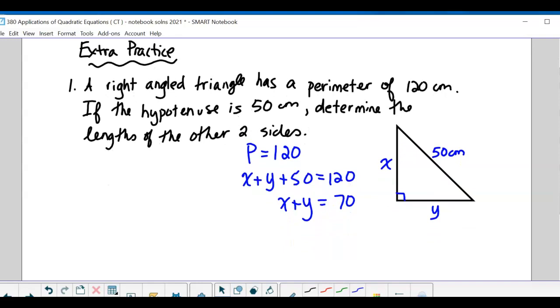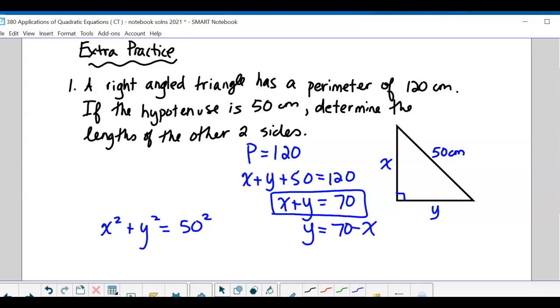This one you can actually sort of trial and error it and get the answer, but if we give this to you on a test, we want to see the algebraic work for it. So here, x squared plus y squared equals 50 squared. So this perimeter is what we want to use to express x in terms of y or y in terms of x. So I'm going to solve this for y.